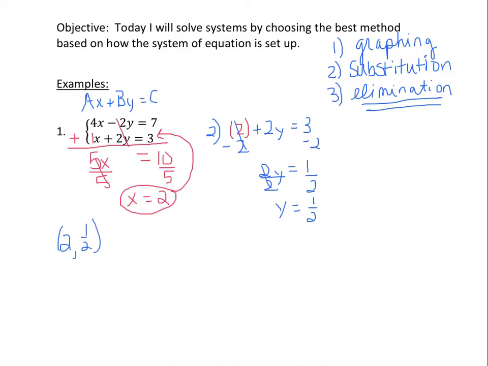Now before I box that as my answer, I am going to check it. To check it, you just plug in this for x and this for y into both equations. So let's take equation 1.